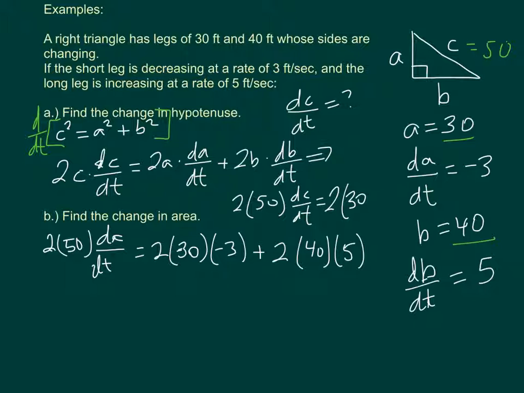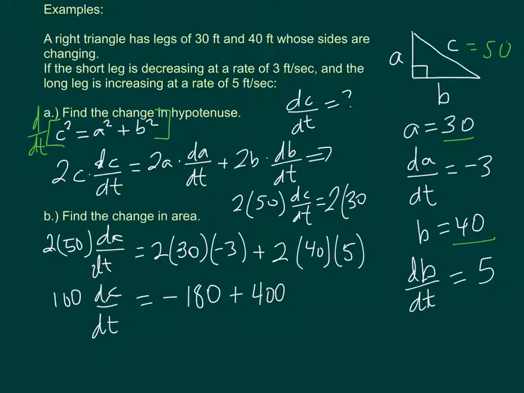And we're going to get something like 100 dC/dt. This is going to be negative 180 plus 400, is that right?